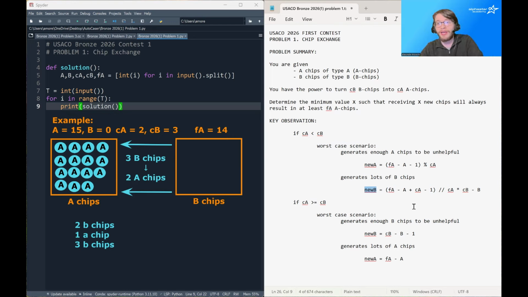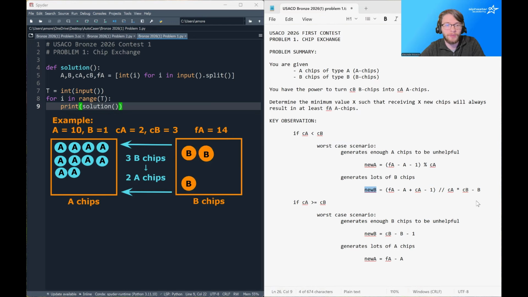There is one extra thing that we have to watch out for. Let's go back in our example to the very beginning, the initial setup here.